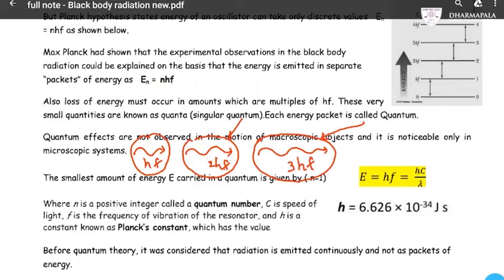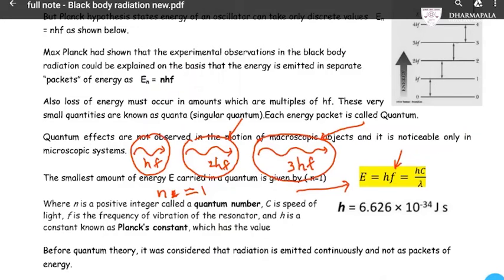As I mentioned earlier, if n is 1, you get the lowest energy packet. The energy of the lowest energy packet is given as E equals hf, as n is 1. This f is the frequency of the wave.